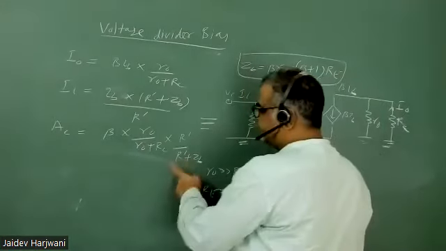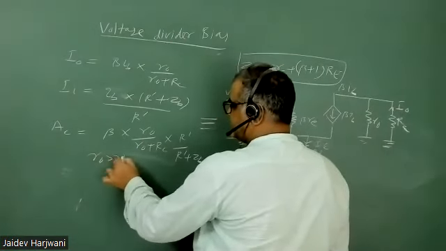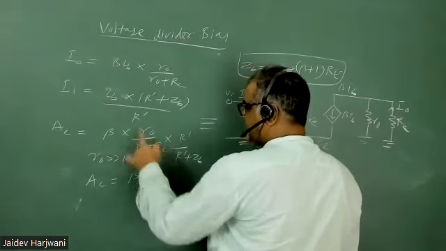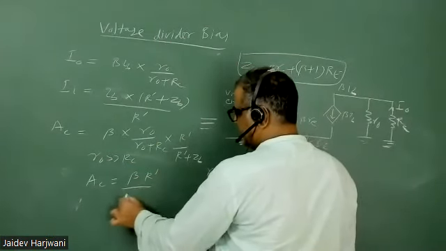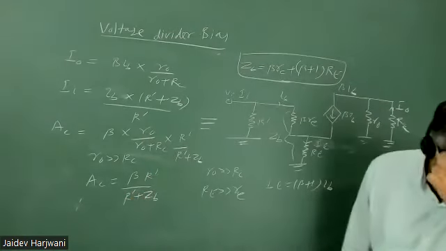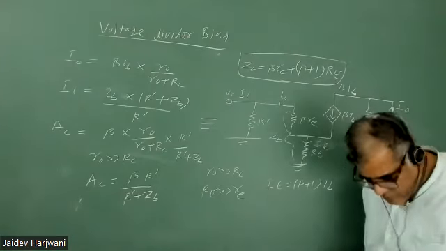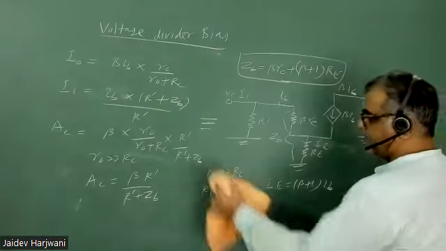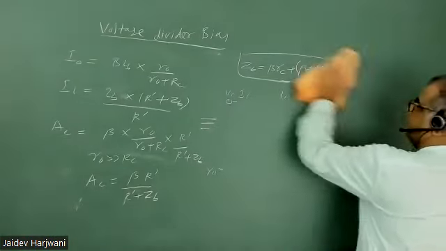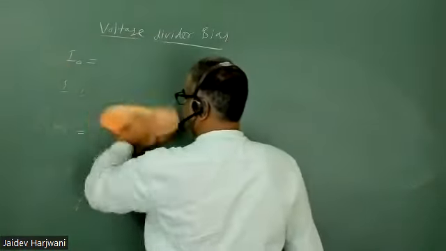R naught is very high, while this one we don't know, it may be comparable. So I'm taking R naught very much greater than RC. This time, for the expression for current gain, R naught cancels and you have beta times R dash upon R dash plus ZB. Now this expression is very important, and I can modify it a little bit. All the calculations are over, so let me remove everything.